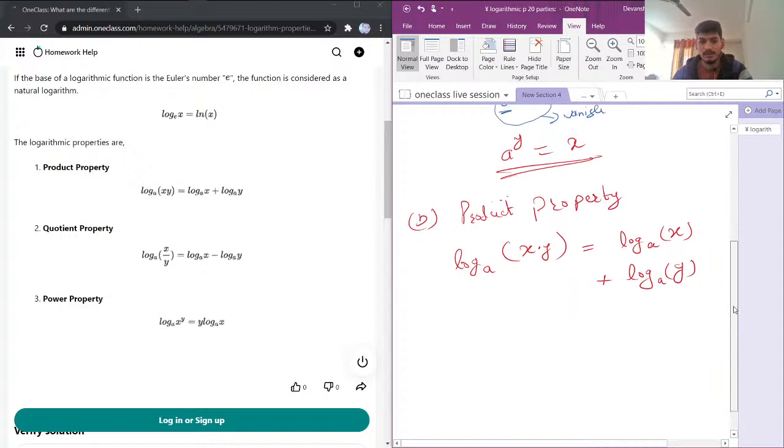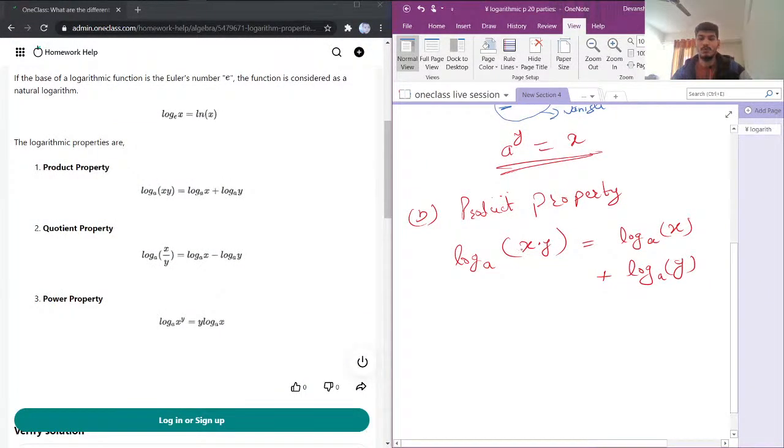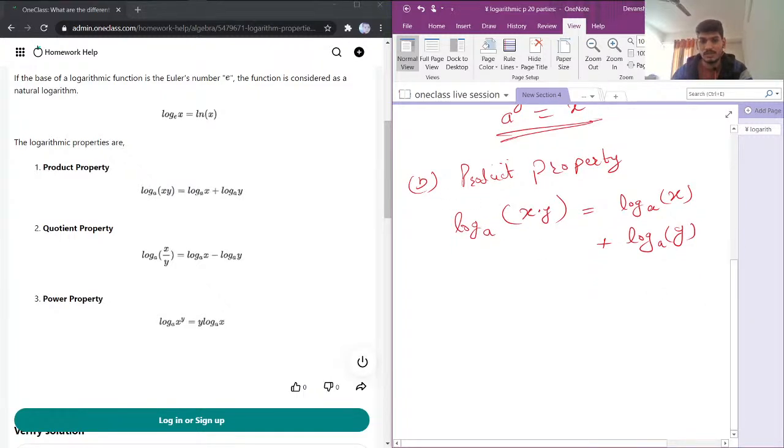So whenever we have a log of two functions multiplied with each other, we can separate those functions with this product property of log. It will become log of the first function plus log of the other function. Here I had one value x and one variable y, and I can separate these two by using this product property and write log of x with base a plus log of y with base a.